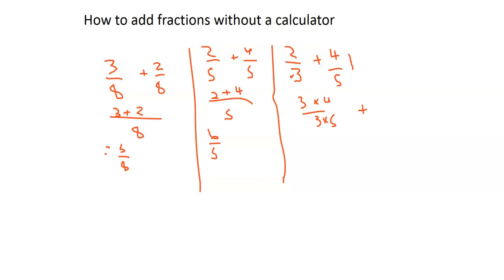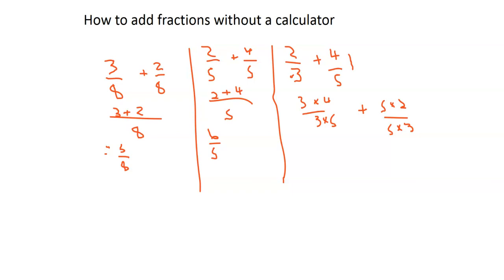The other denominator will multiply everything on the left, meaning 5 will multiply 2 over 3. So it will be 5 times 2 over, again, 5 times 3. Whatever you do on the right, you must also do on the left, so that they end up having the same common denominator.